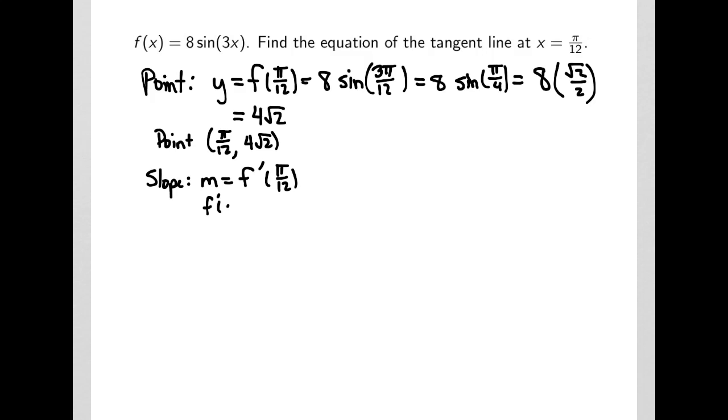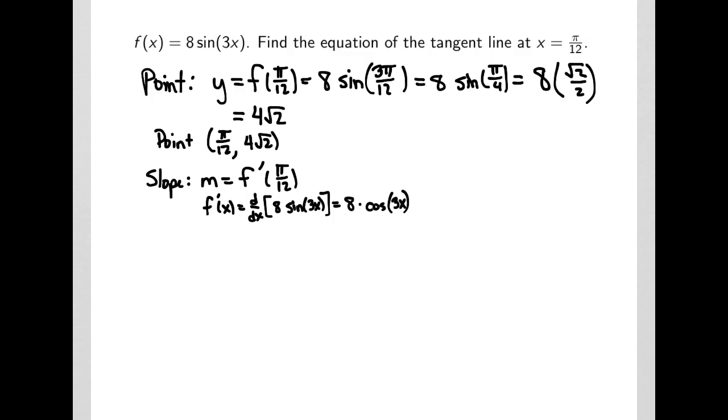f prime of x is the derivative of our original formula, the derivative of 8 sine of 3x. 8 is a constant multiple, so we multiply 8 times the derivative of sine, which is cosine, so it's cosine of 3x.